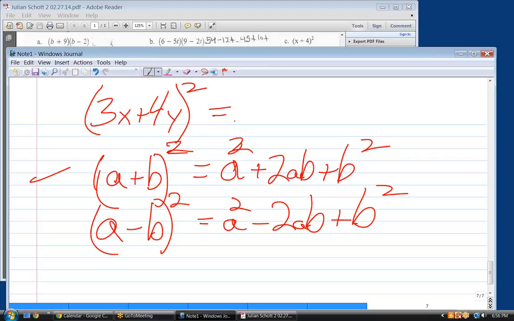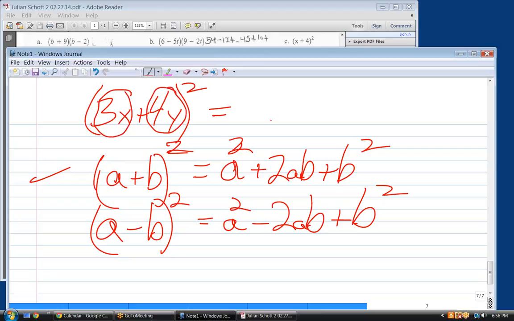What's A? 3x squared. Just 3x. 3x. You see why? No. Well, because here we have the quantity A plus B being squared. Up here we have the quantity 3x plus 4y all being squared, which makes this the A and this the B.